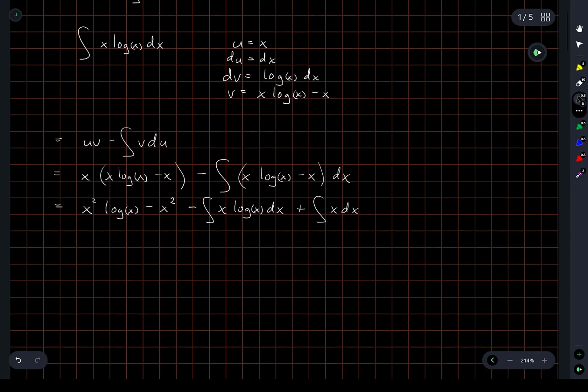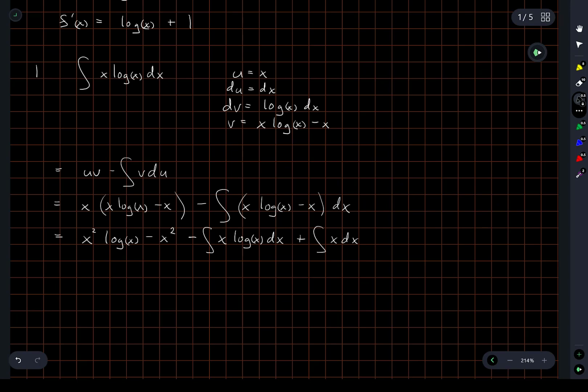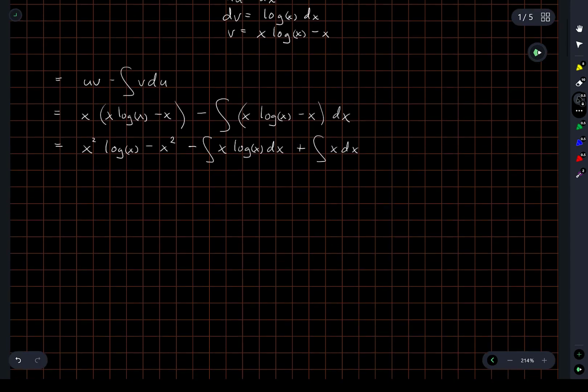But what I'm going to do is call this integral that we're trying to solve for I. So what I have here is I is equal to x squared log x minus x squared minus I plus, and I can do this integral directly, that's just going to be x squared over 2.